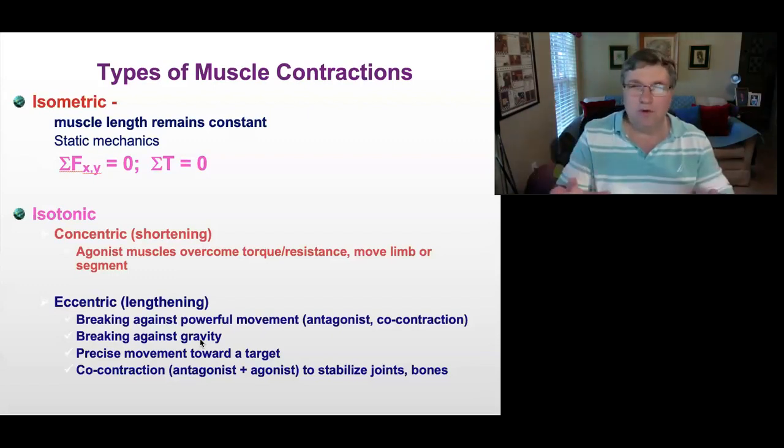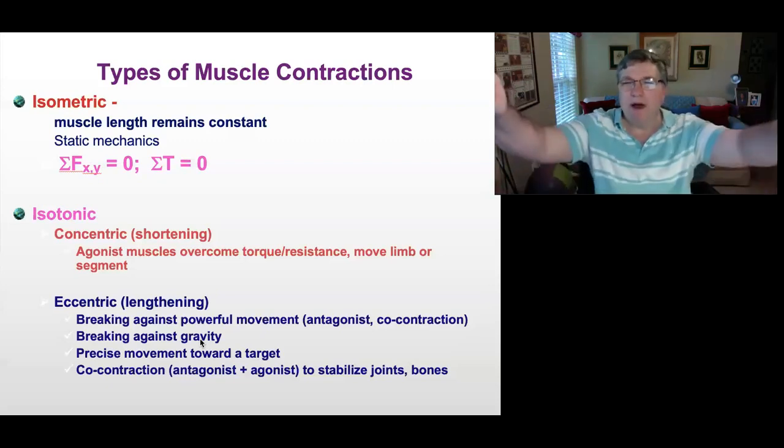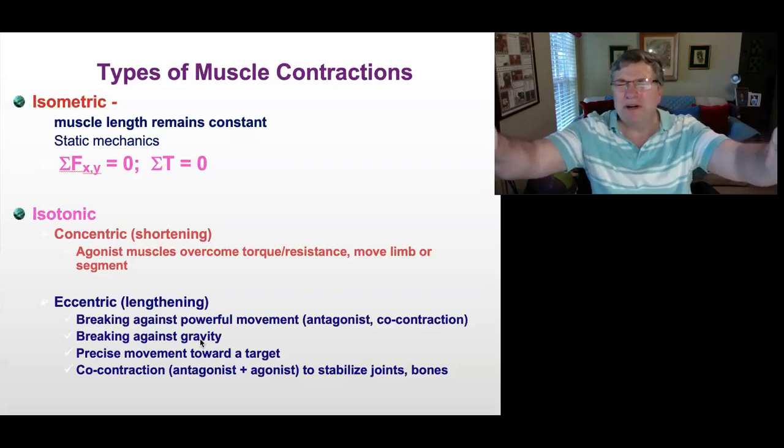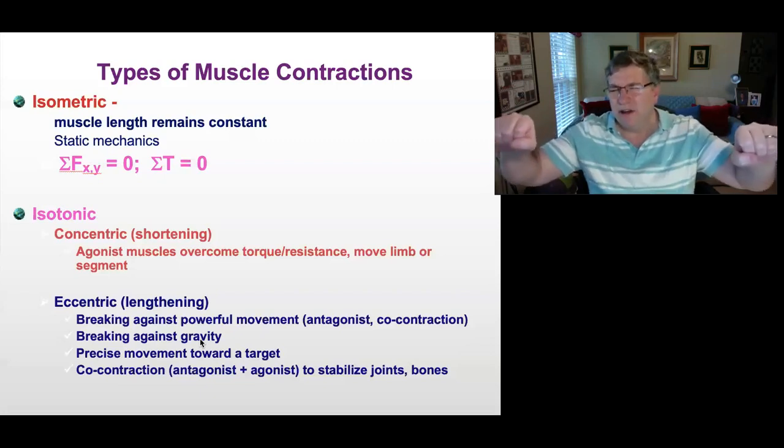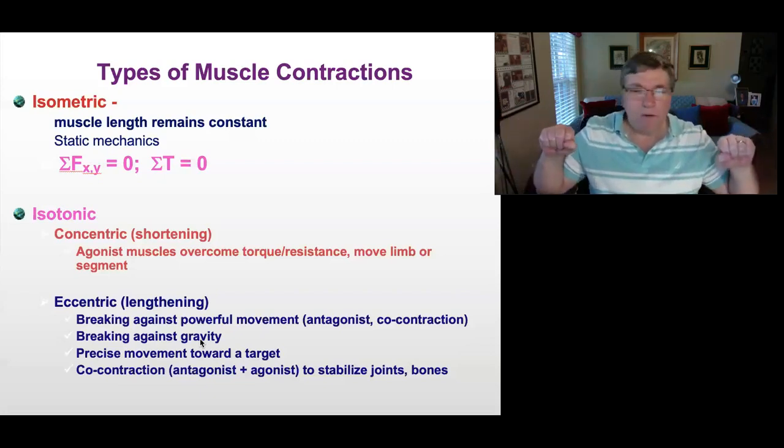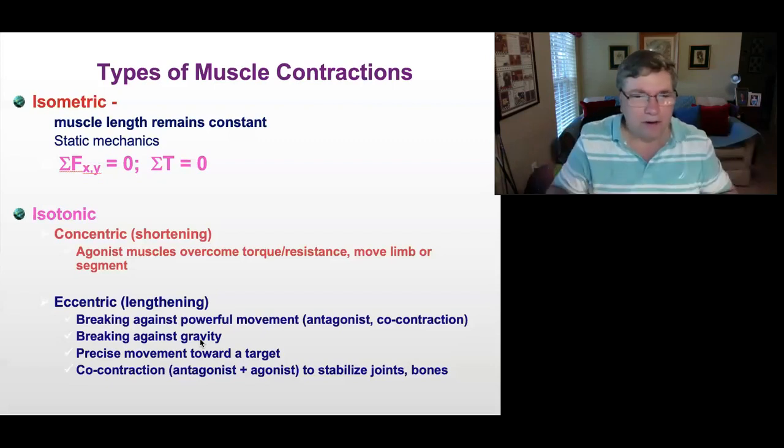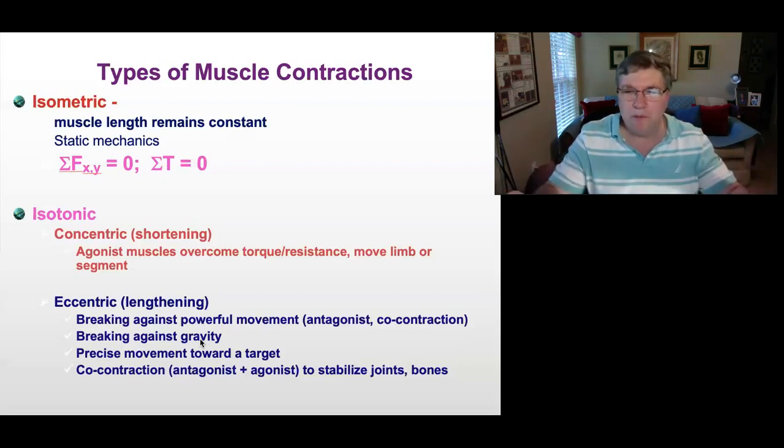So you use the hip extensors, knee extensors, and plantar flexor muscles, but eccentrically now. You're slowing down the movement. Or if you're doing a maximum bench press and you can't quite lift the weight, you can let that weight down safely with an eccentric contraction. So eccentric contractions allow us to brake against powerful movements.